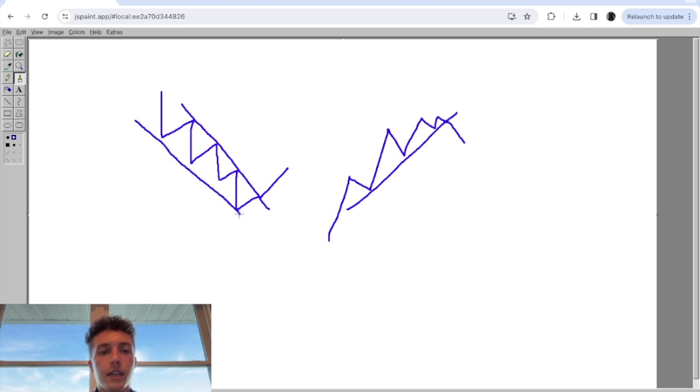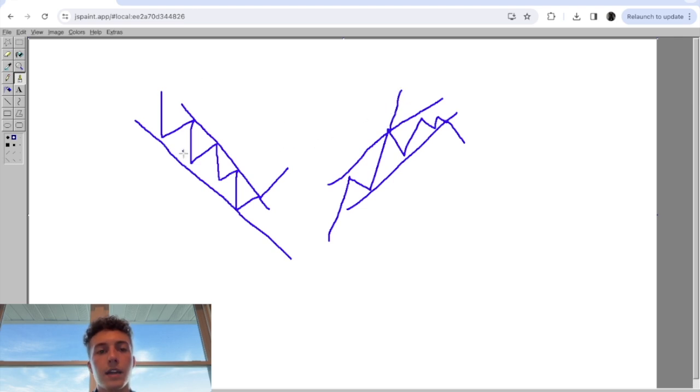This is where you're going to see a consolidation between two price levels in either a downtrend channel or an uptrend channel. So we will generally see that when we get to this downtrend here, we will have a bounce, or this uptrend here, we will have a rejection. That's because when price gets to these levels, we're generally overextended by the time we get there. So it's very hard for price to actually break out of these.